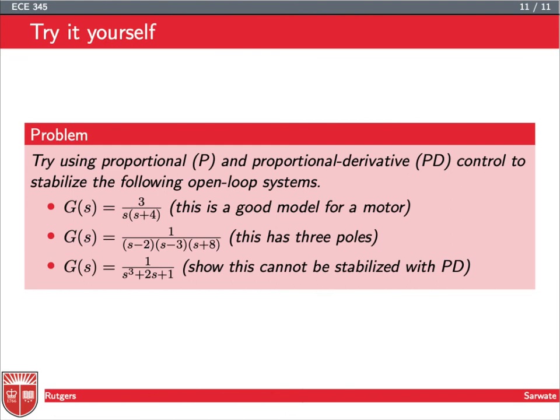So this might mean that you need something with a little more oomph than just proportional control, or maybe not. You have to take a look. And then finally, here's an example of a system which, I think, cannot be stabilized with proportional or proportional derivative control. And I guess try to verify that, or maybe prove me wrong if that's not the case. Each of these should hopefully give you a chance to apply Black's formula and get a sense of how these things work yourself in a more hands-on way.